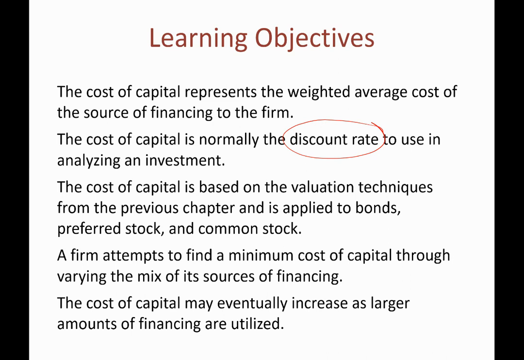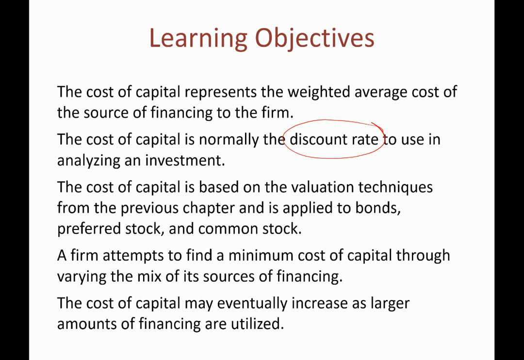We said we can use the security market line, and again we could also use the discount model. So remember, there are several techniques that we can use to determine the value or the required rate of return for common stock. So we're going to go back into those details.